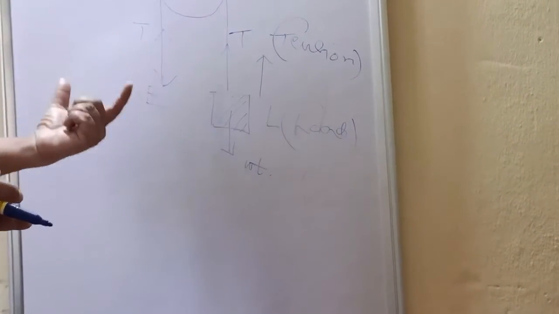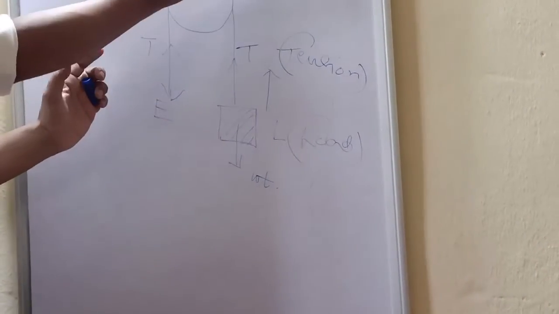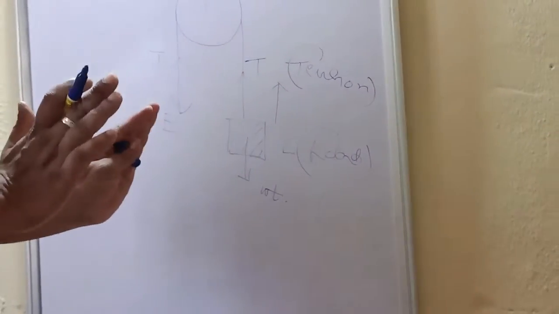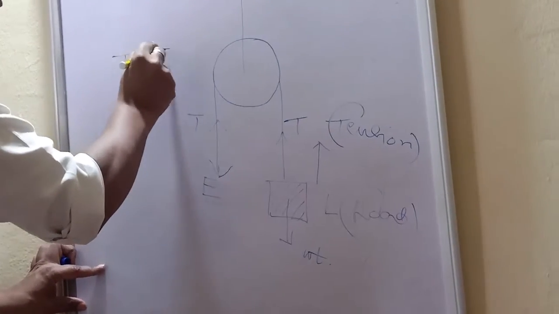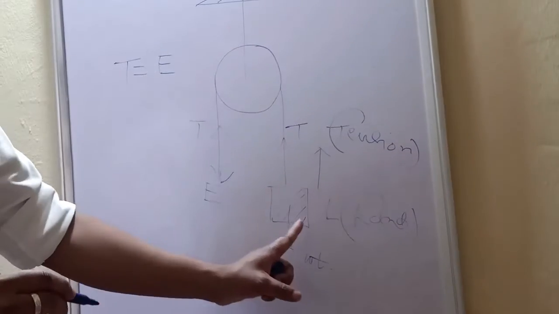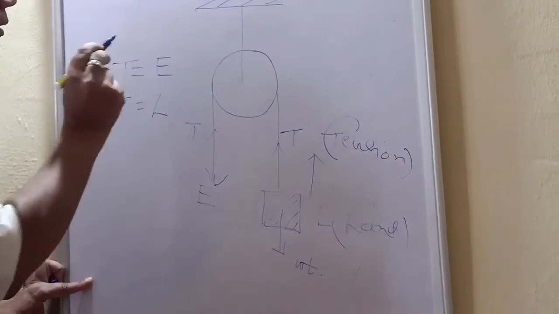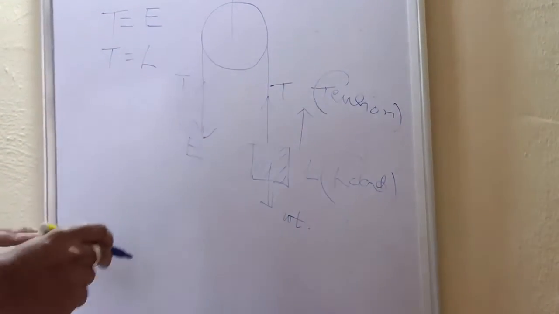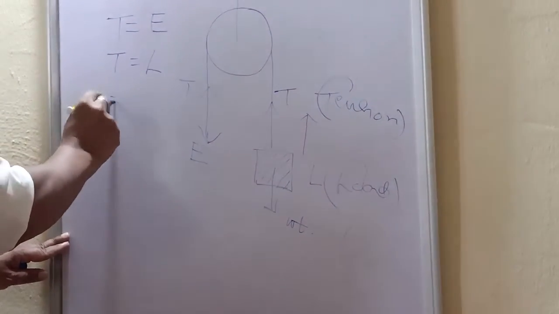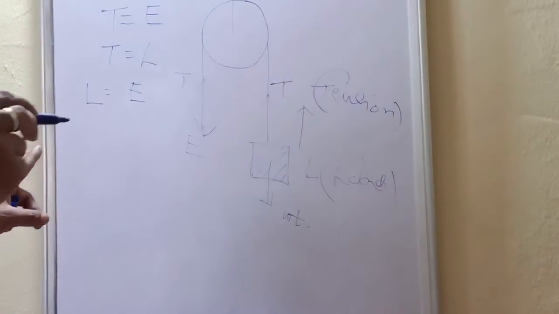Now, from this, if you look at this side, when the load is neither moving up nor going down, that is at equilibrium, we can say that T is equal to E, and from this side also we can say that T is equal to L, which is the load. Now, if we compare these two lines, we get L is equal to E. That means load and effort are equal.